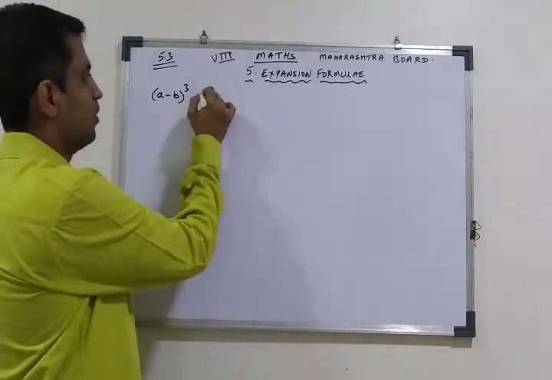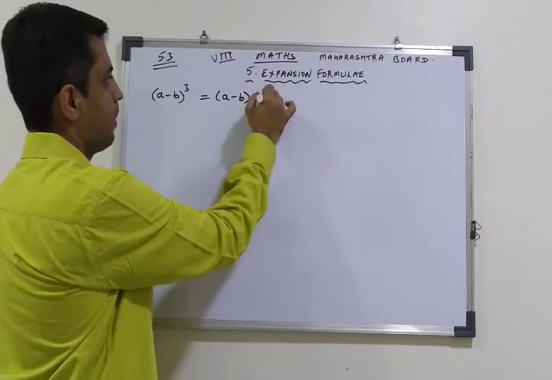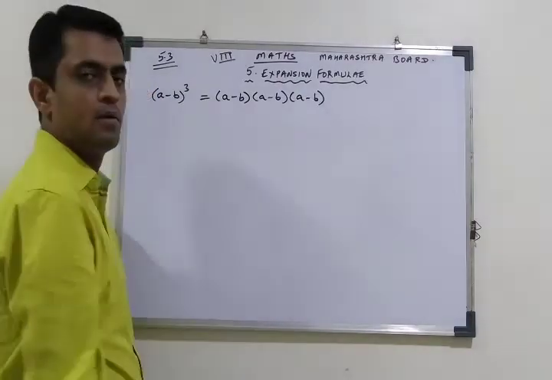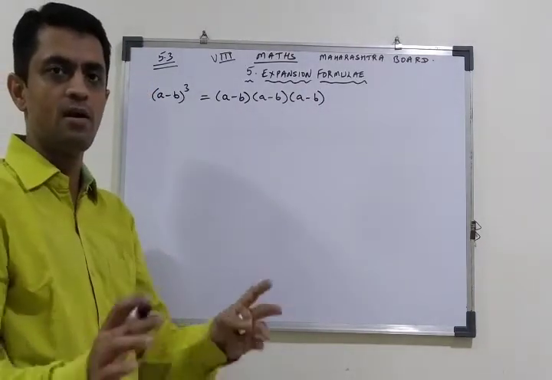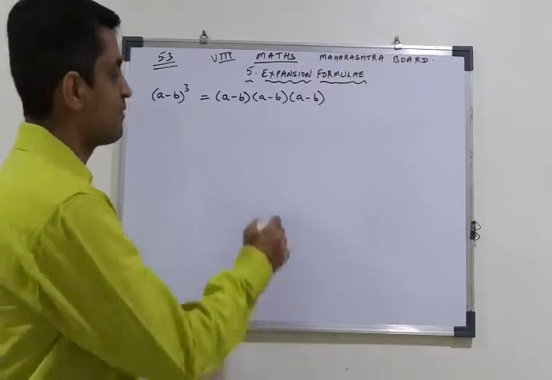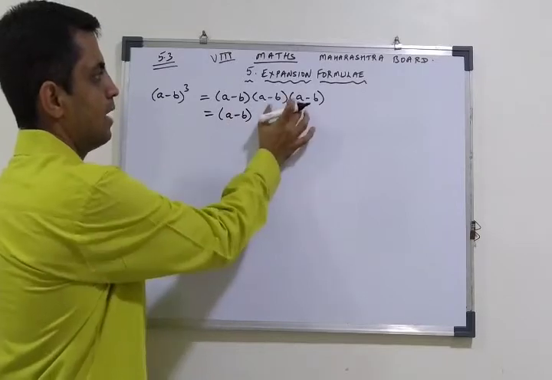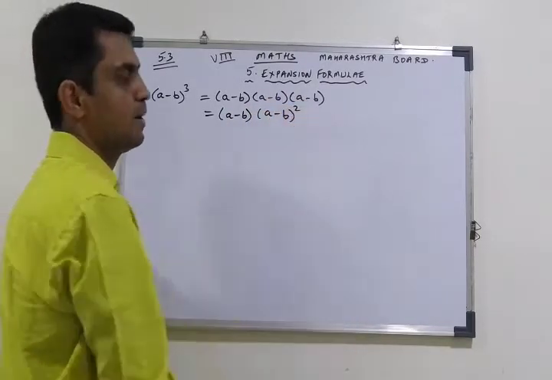Now a minus b the whole cube can be written as a minus b, a minus b, a minus b. So it is cube here, so we are writing it 3 times. After this, we will write a minus b, and this can be written as a minus b the whole square, because it is 2 times.